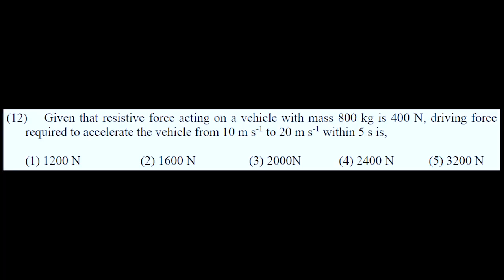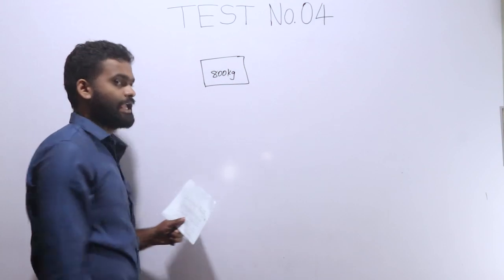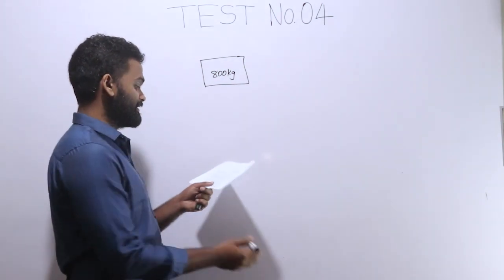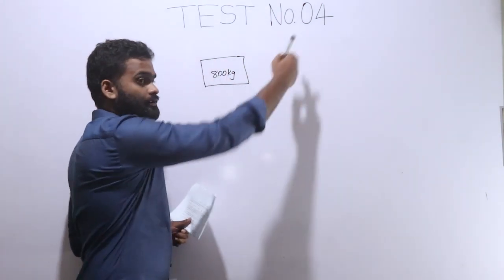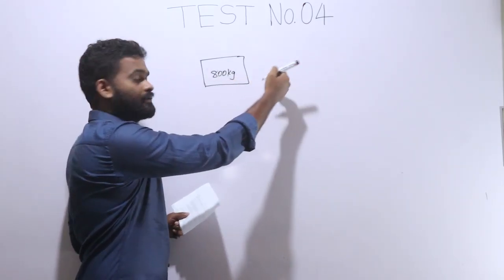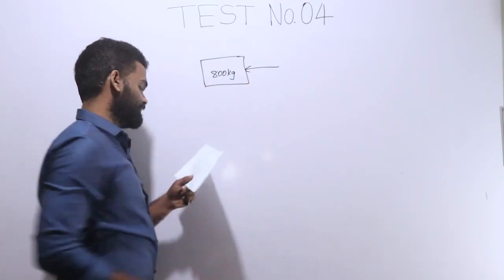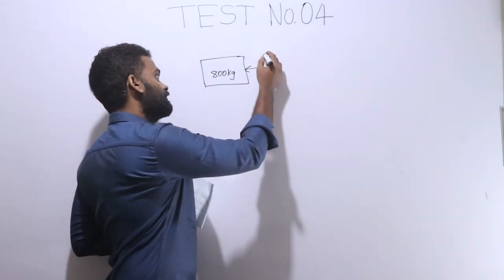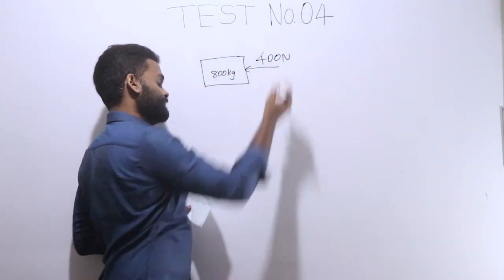They say given that a resistive force acting on a vehicle with mass 800 kg is 400 newtons. The mass of the vehicle is 800. And there's a resistive force, meaning that if the vehicle is moving to this side, the resistive force acts on the opposite side, that is 400 newtons.